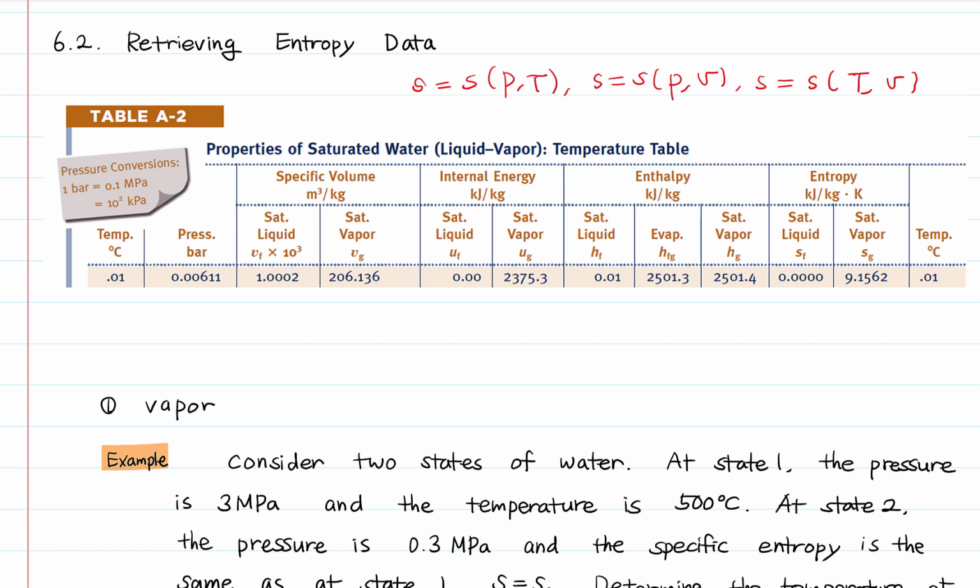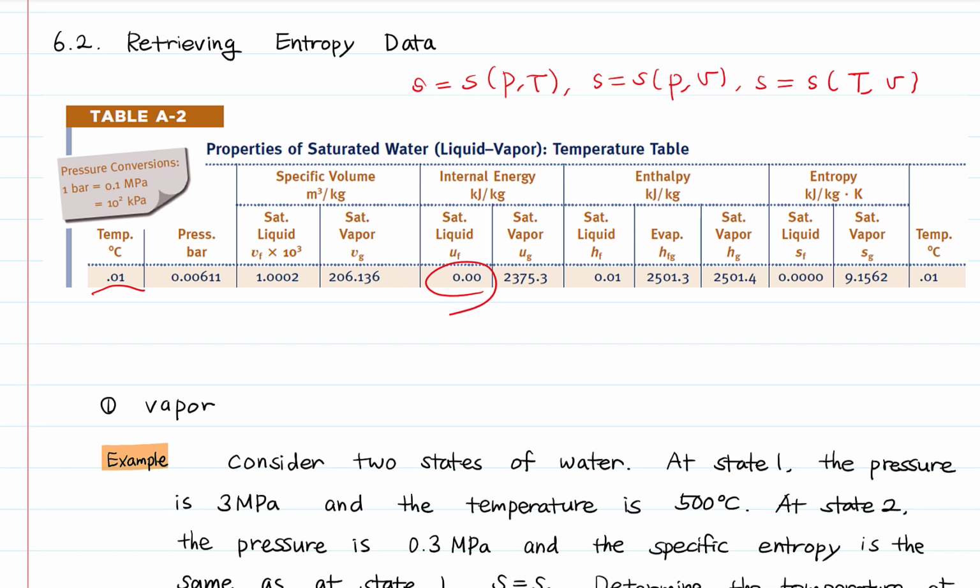The entropy value is given relative to a datum, which is an arbitrary reference point. So let's take a look at the saturated water table. This is table A2. In the thermodynamic table, the entropy of saturated liquid water at 0.01 degrees Celsius is set equal to 0.